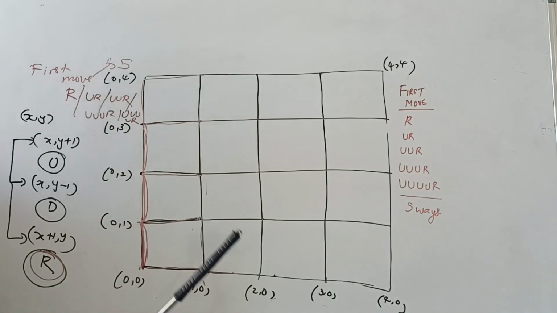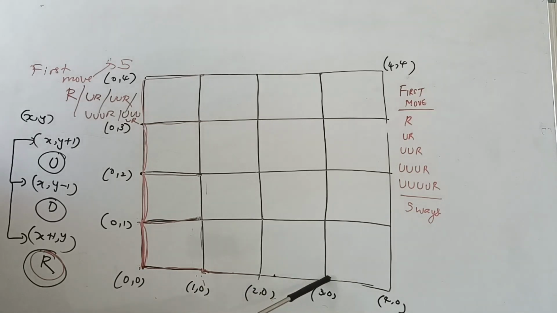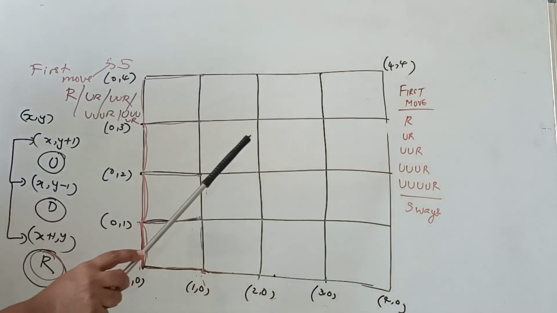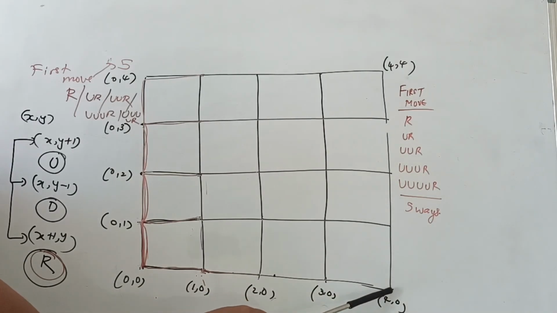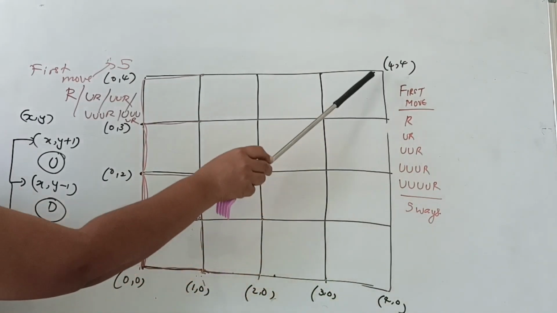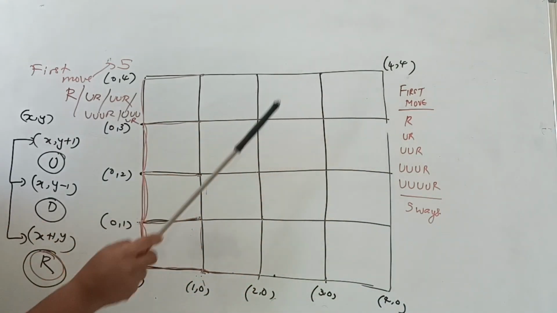So here you can see a pattern. In the first move, the person had 5 choices. In the second move, irrespective of the point he reached, he again has 5 choices, similarly with the third point, and similarly with the fourth point. Now, when he reaches over here, there is only one way in which he can reach 4, 4, which is this.